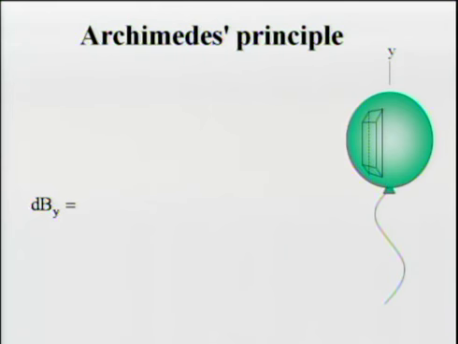However, in the vertical direction, when the pressure at the bottom is different from the pressure at the top, this is not the case. The two forces don't balance each other. So I can concentrate just on the vertical component of the force.